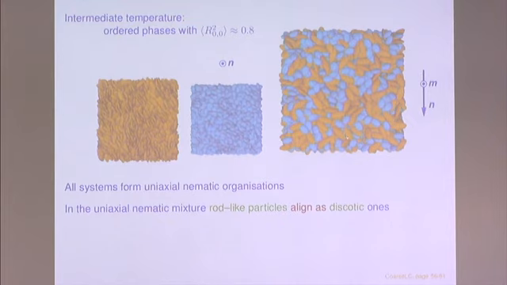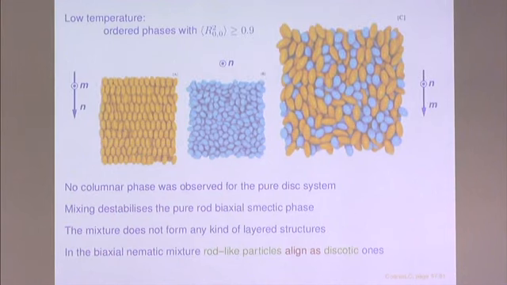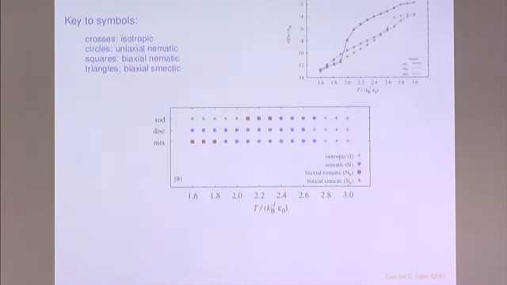We were able to obtain a mixed system that was fully miscible in the entire nematic range, and also formed a biaxial nematic at a very low temperature, where the system of pure rods would already be in an extremely ordered biaxial symmetric phase.